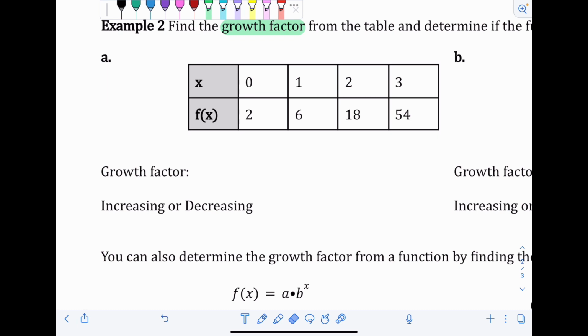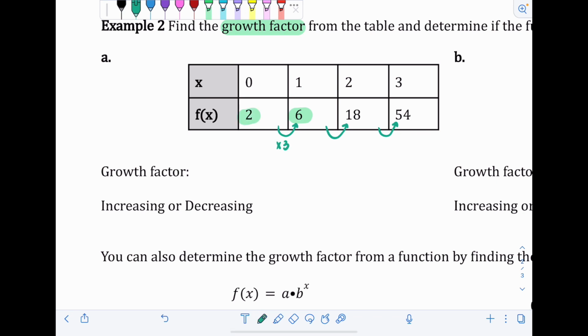Okay, so if I focus in on that f of x row, I'm going from 2 to 6, I'm going from 6 to 18, and I'm going from 18 to 54. So if you can figure out what the growth factor is in your head, that's awesome. If you can't, you can always take one term and divide it by the previous term. So we can do 6 divided by 2, that's 3.